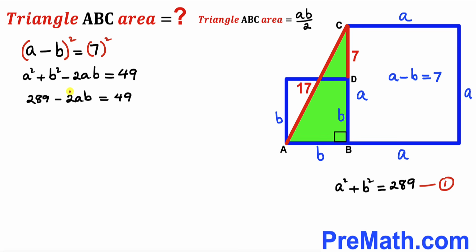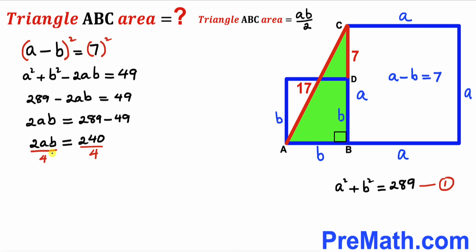And now I'm going to move this 2 times ab to the other side, and at the same time I'm going to move this 49 in the opposite direction as well. So we could write 2 times ab is going to be equal to 289 minus 49. And now let's simplify furthermore. 2 times ab equals 240. And now I am going to divide both sides by 4.